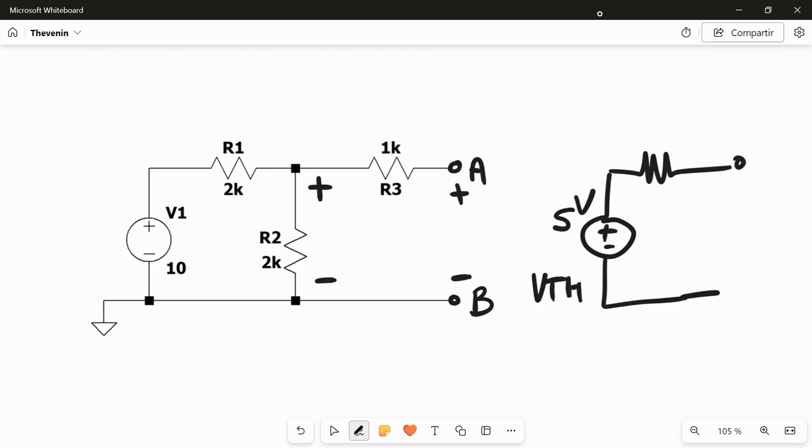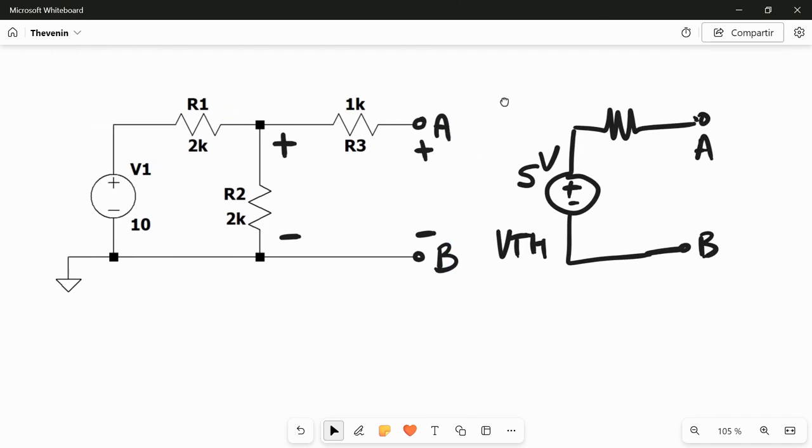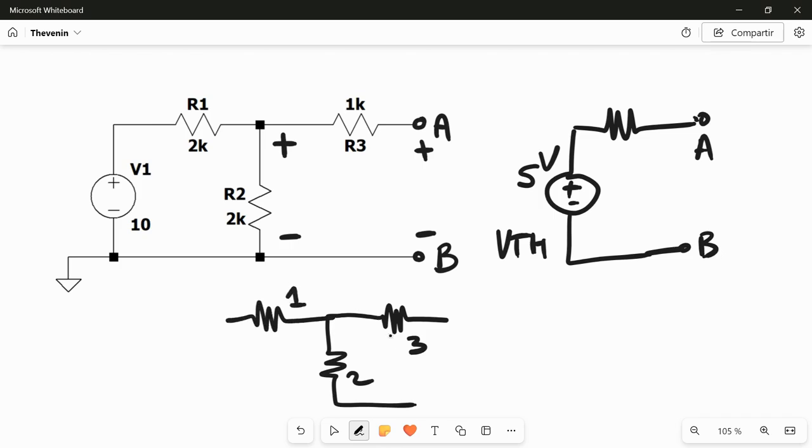Let's look now for our Thevenin resistance. If we repeat the analysis as in the previous case, we see R3, then R2 here, R3, R2, and on this side R1. We substitute the voltage source with a short circuit.